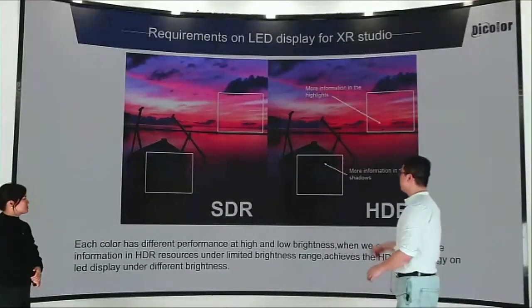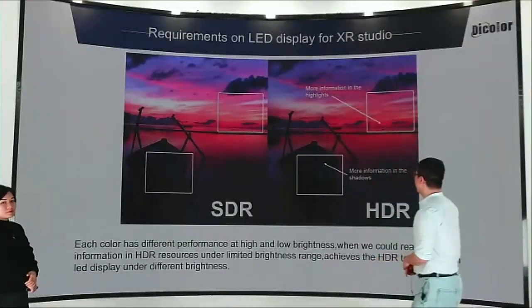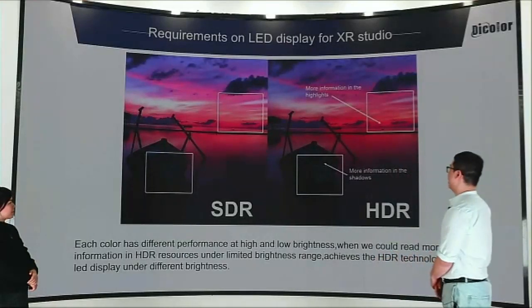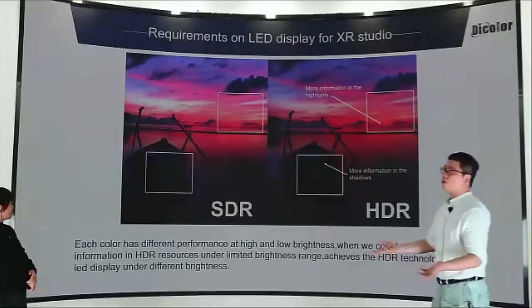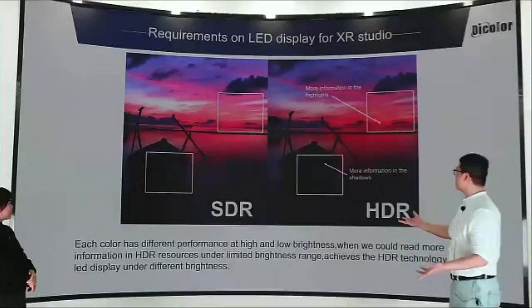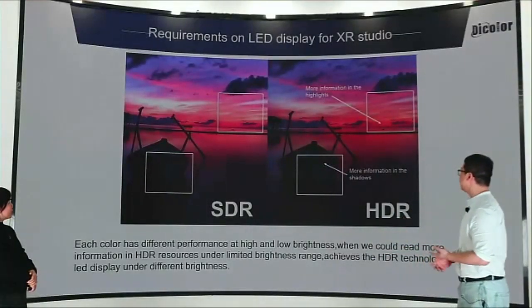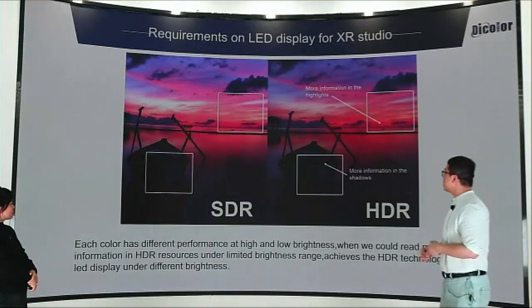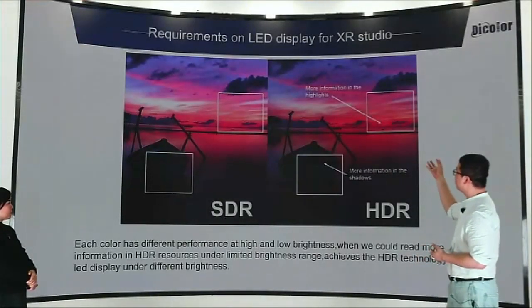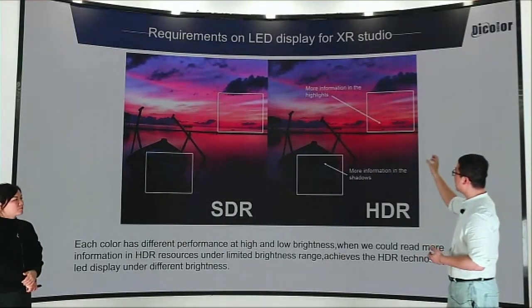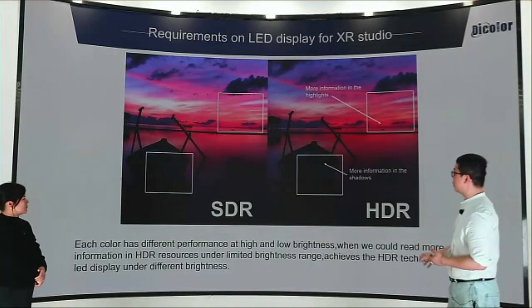Also, here are two photos. One is SDR, the other is HDR. I believe all the audience will see the difference, because with HDR, high dynamic range, you can see more information and details in the highlights and in the shadows.